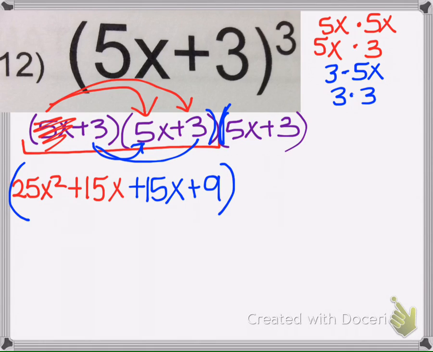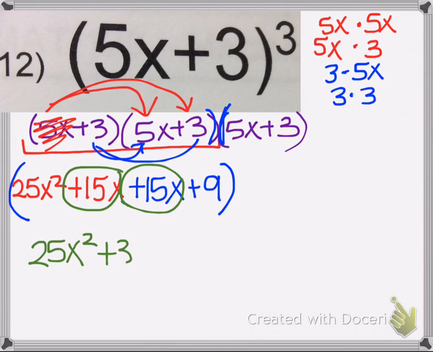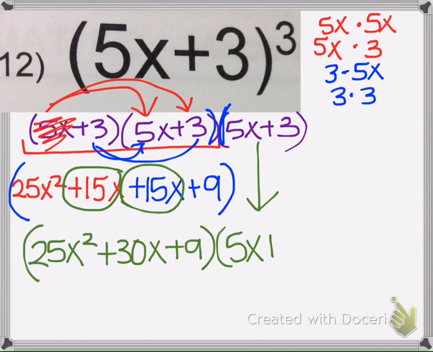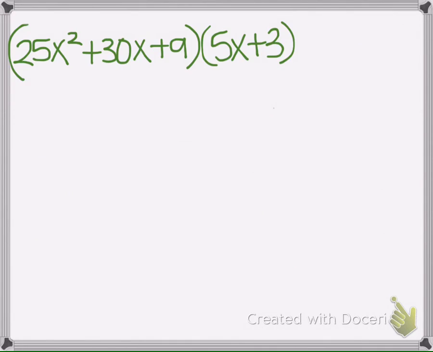Now I'm going to go ahead and combine the like terms first. So again, all of that stays in parentheses, and then I'm going to multiply it now to the 5x plus 3. Okay, so to continue, now we're going to multiply these two together.